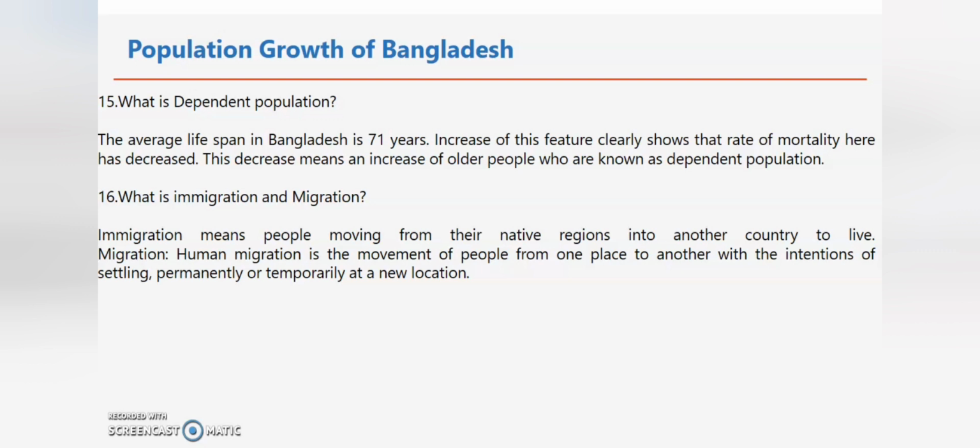Coming up to the next question, what is immigration? Question to all of you, what is immigration and migration? You know, immigration means people moving from their native regions into another country to live, whereas migration is the movement of people from one place to another with the intentions of settling permanently or temporarily at a new location.